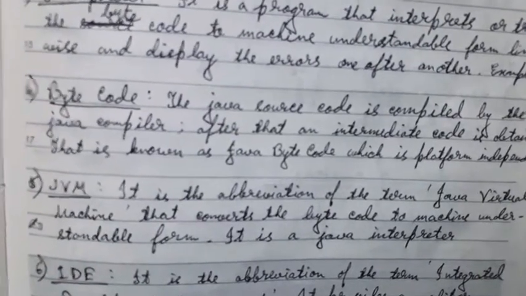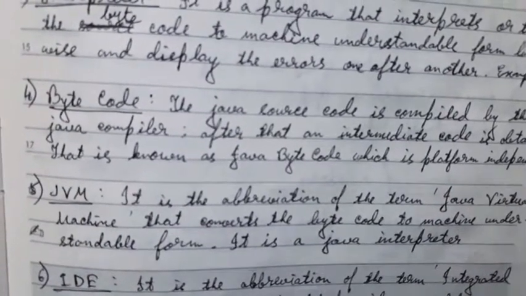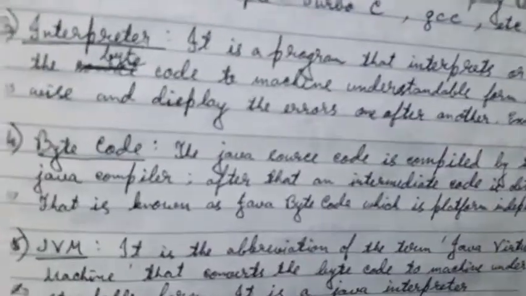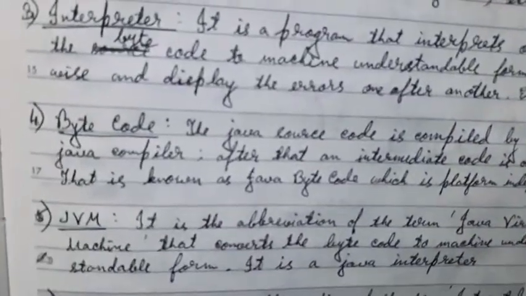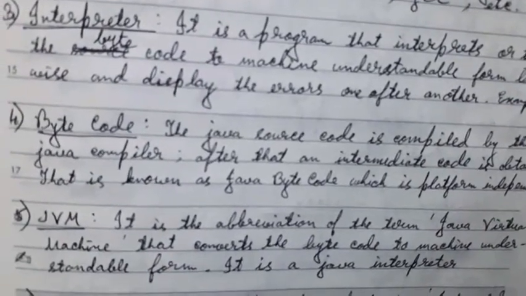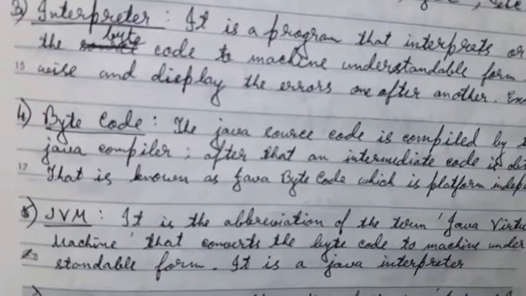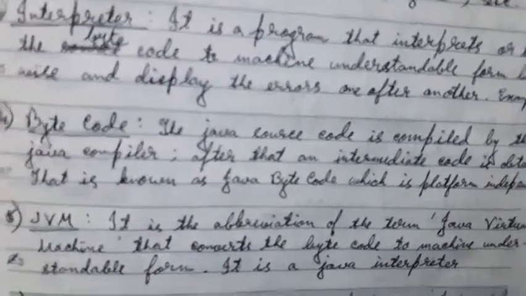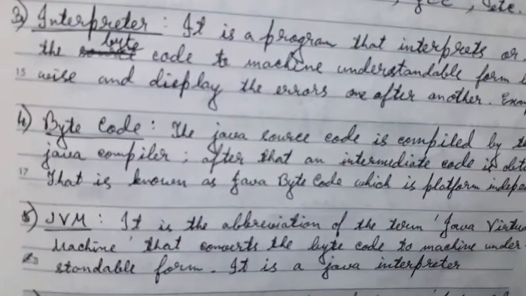Now when I'm telling platform independent, it doesn't mean that you can run it however you wish. No, you have to have JVM in that particular machine. JVM is actually free. Java is basically free software.